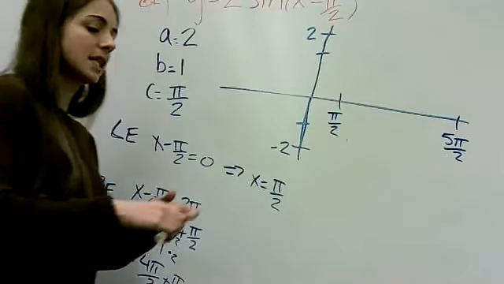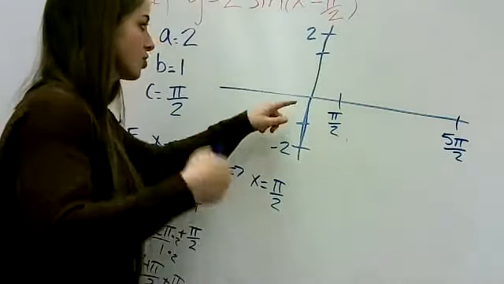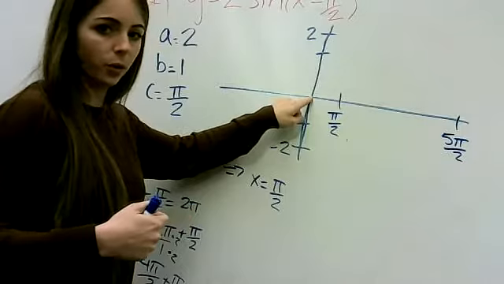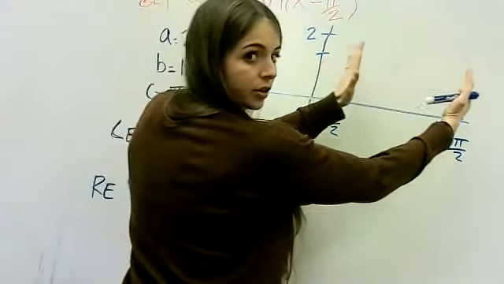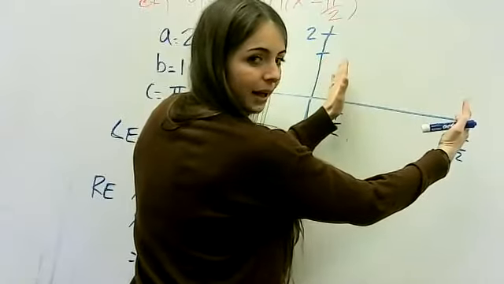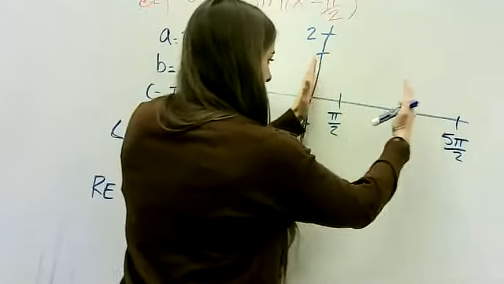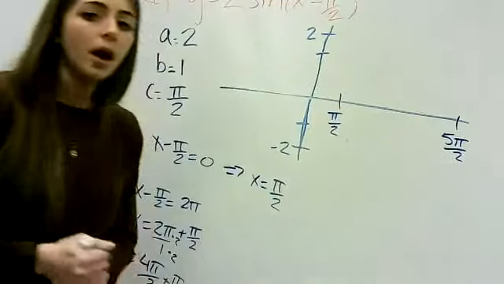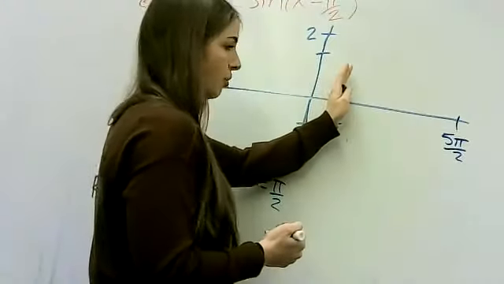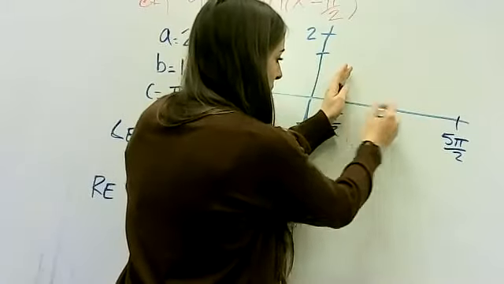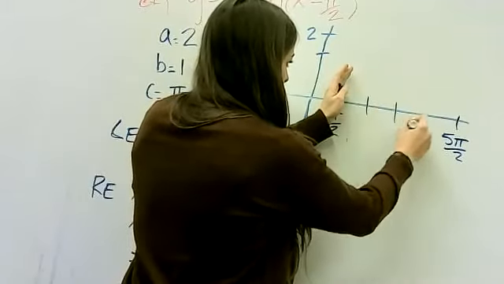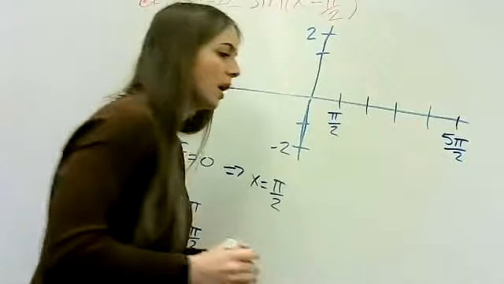So again, let's keep in mind, a normal sine function or cosine function starts right here at the origin. I've now shifted that from here over to here. We shifted here to here, here to here. So this would be my 0, 0 originally. I need to make 4 sections between this point and here. So I have 1, 2, 3, 4.